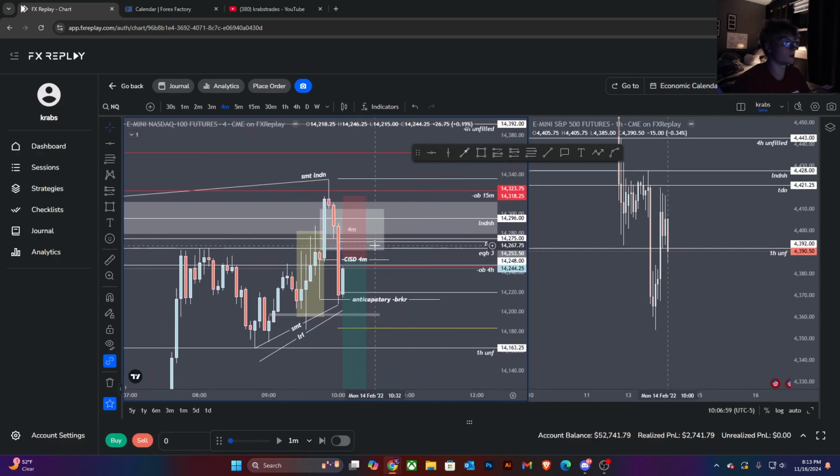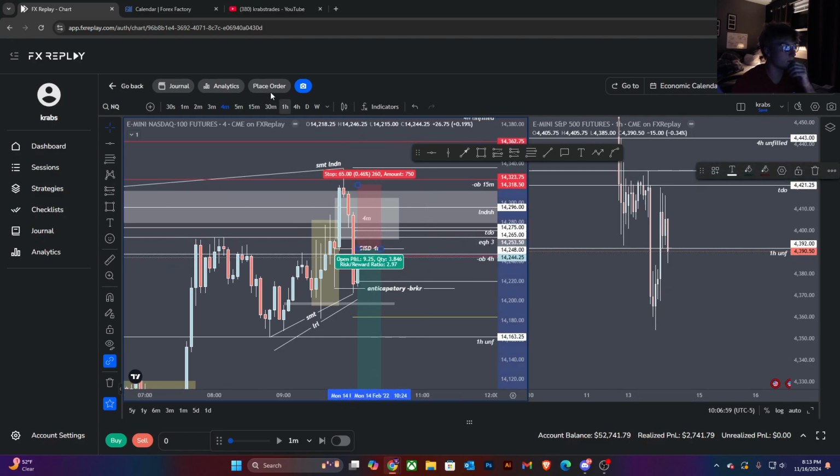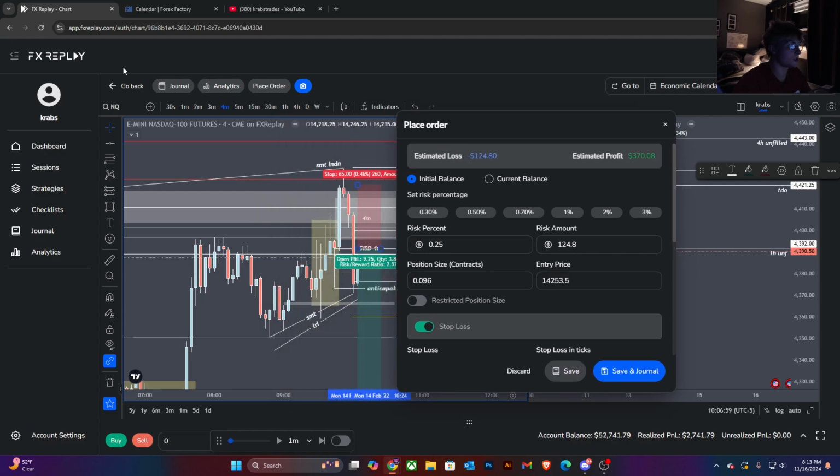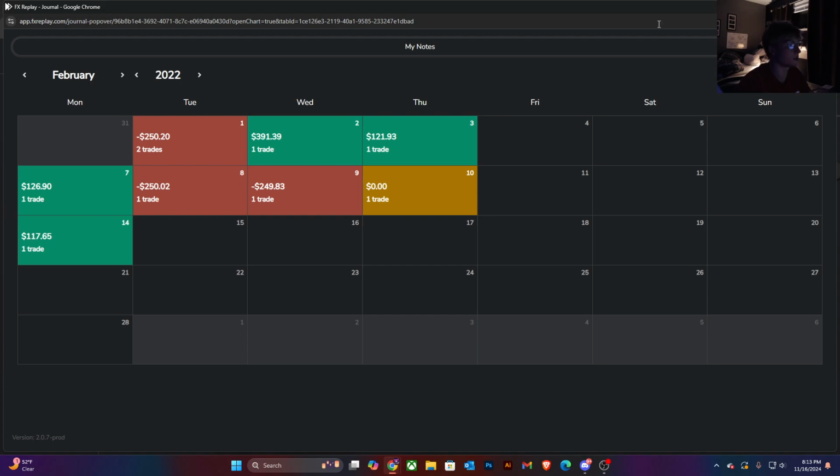Okay, this looks good. I want to try this even for like back testing purposes. I want to see if this works, so I'm gonna risk 0.25, risking half of what we made. Let's see, what did we make? 117.